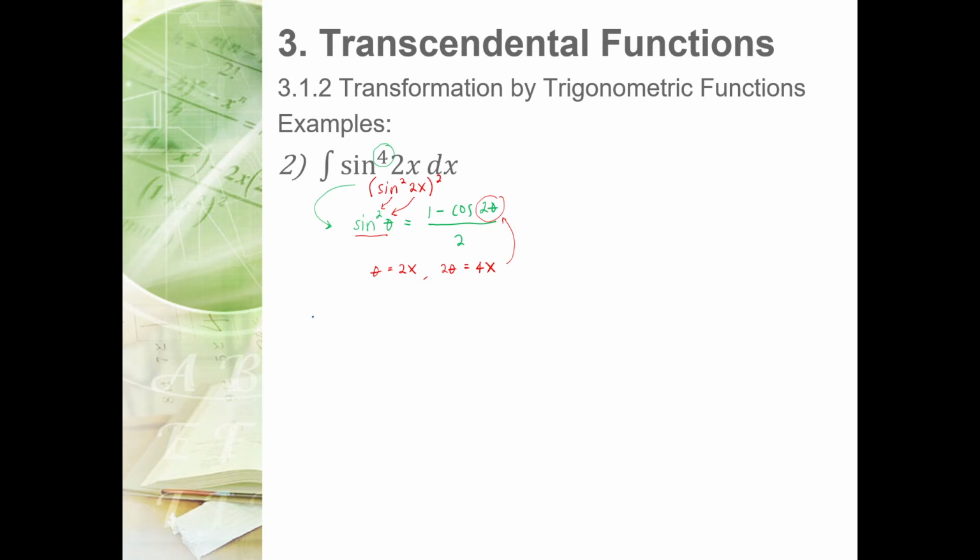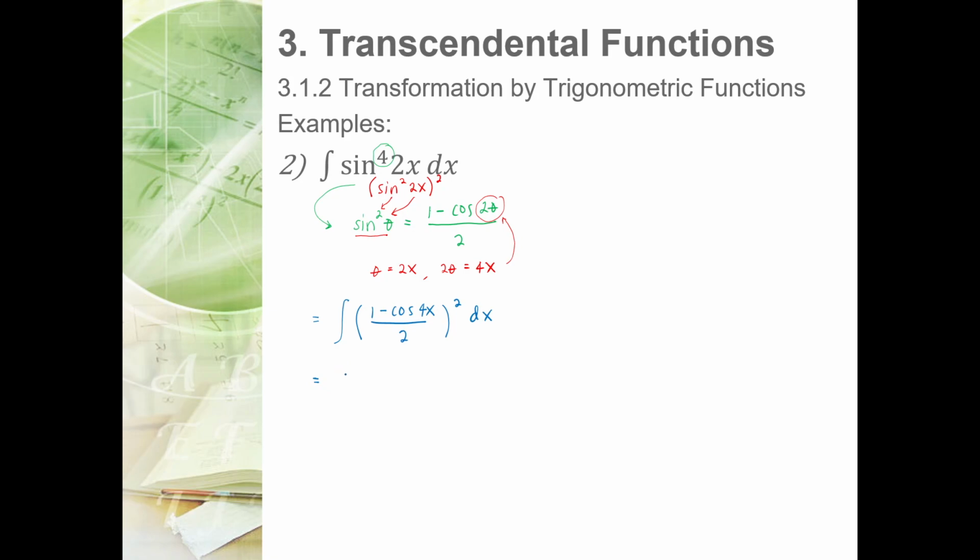Okay, so the next step is we apply the half angle identity. So we now have 1 minus cosine 4x all over 2 and then squared dx. Next we have to expand the term.